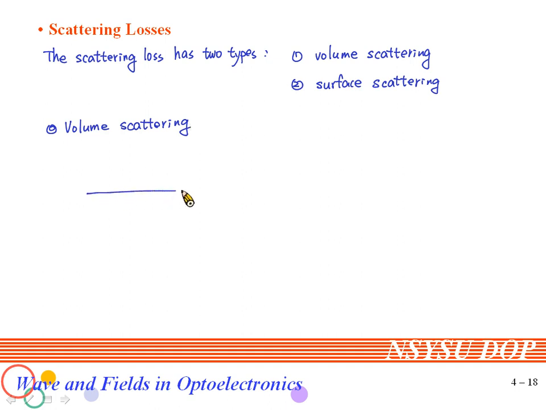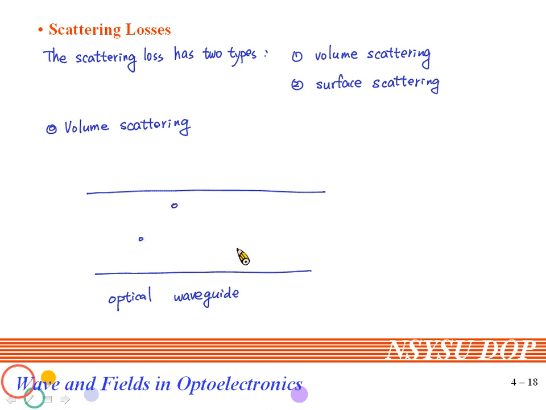Consider an optical waveguide, as I plotted here. During the fabrication, there may be some impurities and crystal defects. And this impurity will make scattering of the propagation wave.